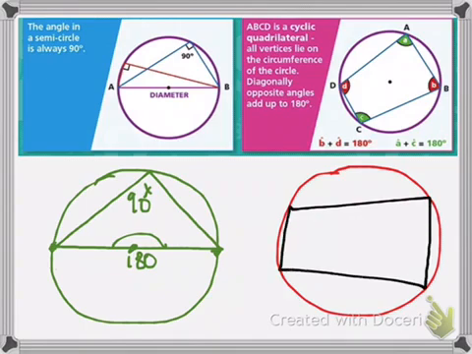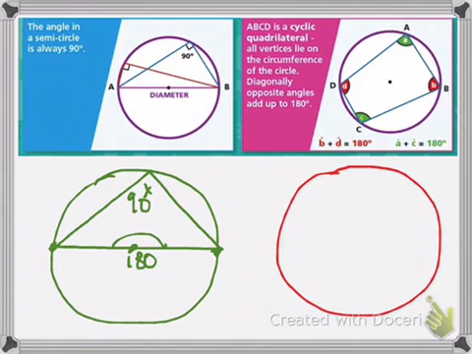So any 4-sided shape where all 4 corners touch the circumference. If you have something like this, that is not cyclic because this corner doesn't touch the circumference. So in a cyclic quadrilateral, the opposite angles add to 180.